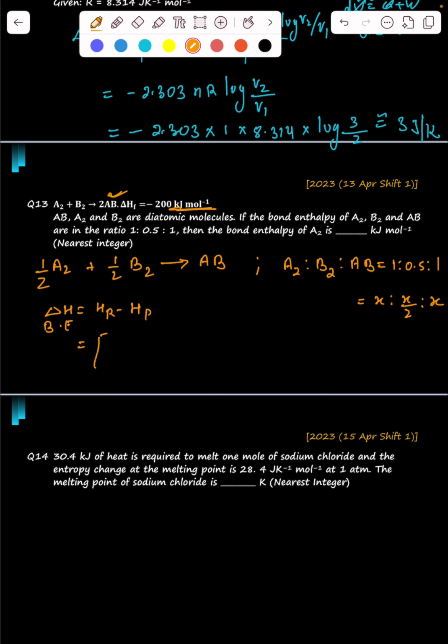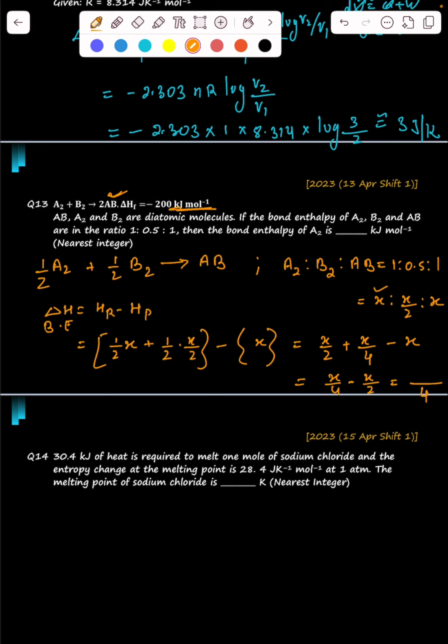So R should be equal to 1 by 2 X because energy value is given X plus 1 by 2 and that is X by 2 minus that should be X only. So we will get X by 2 plus X by 4 minus X. So we will get X by 4 minus X by 2.